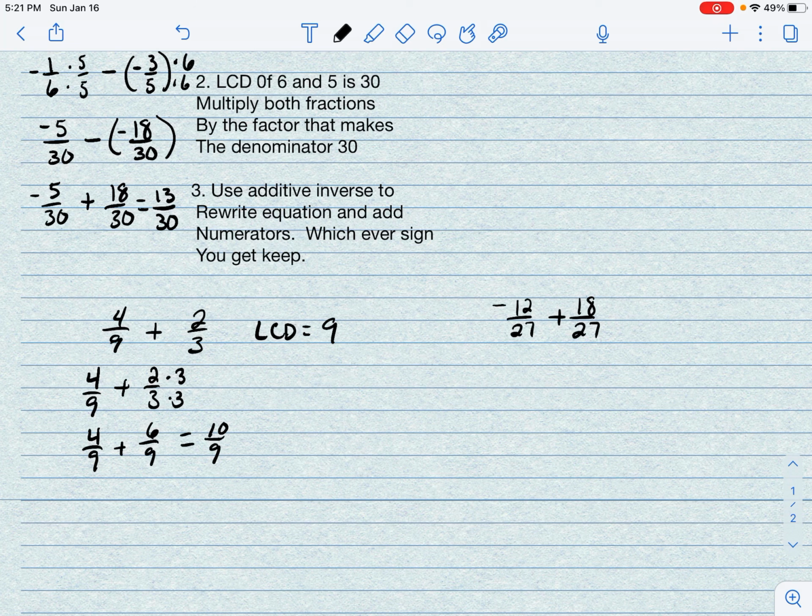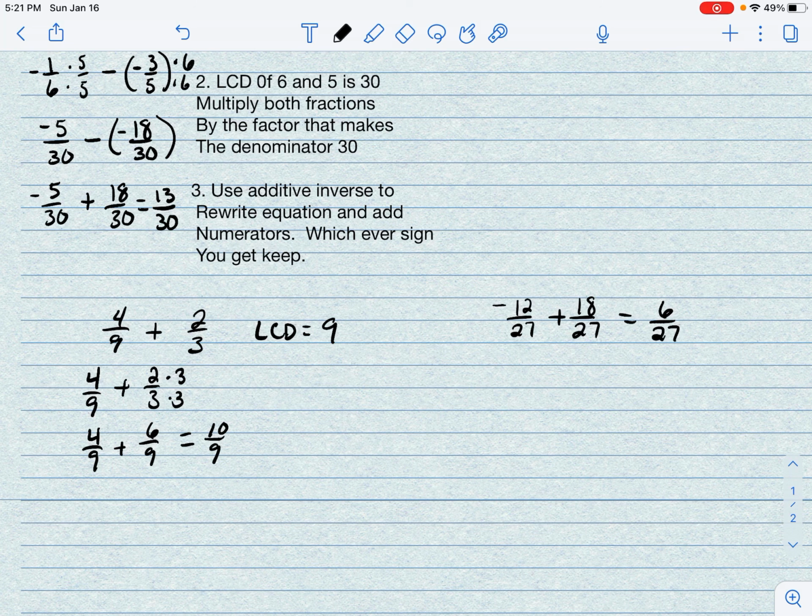All right, and then the last one. Okay, you'll notice they already have a common denominator, so we don't have to adjust anything. However, we got a negative plus a positive, so we're going to subtract the two. Our positive is larger. 18 is larger than 12, so it's just 18 minus 12. That's going to give us 6/27.